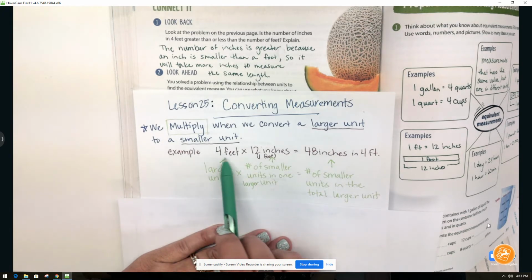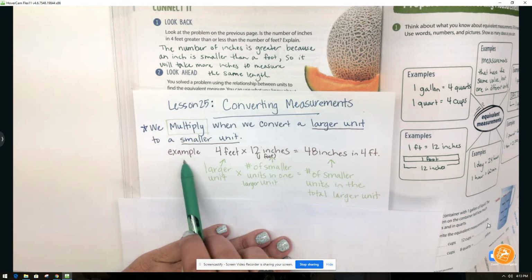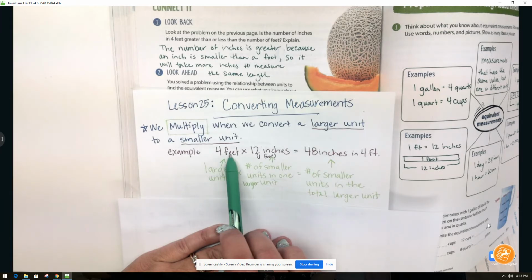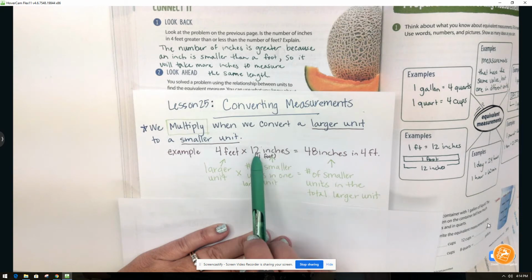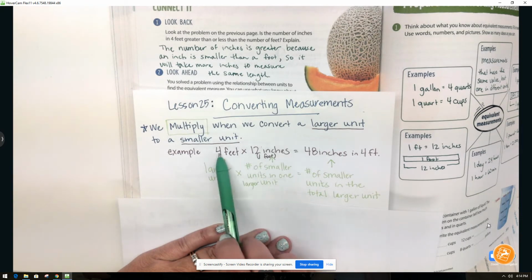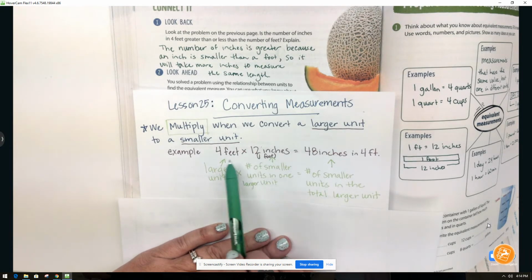So for example, look, it's the same numbers we just used. If we have 4 feet, that is our larger unit because a foot is larger than an inch. Now, when we say larger unit, that means we're talking about just the foot or the inches. You might have a bigger number here. See how 12 is bigger than 4, but the feet are much larger than inches.